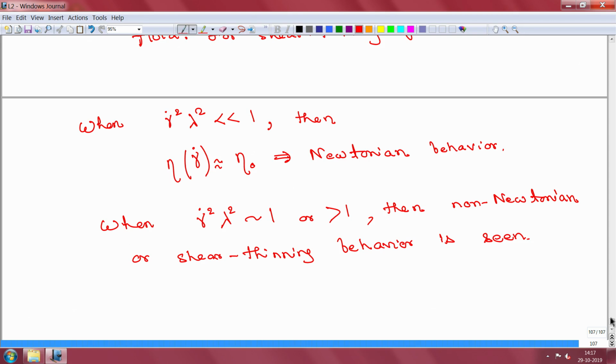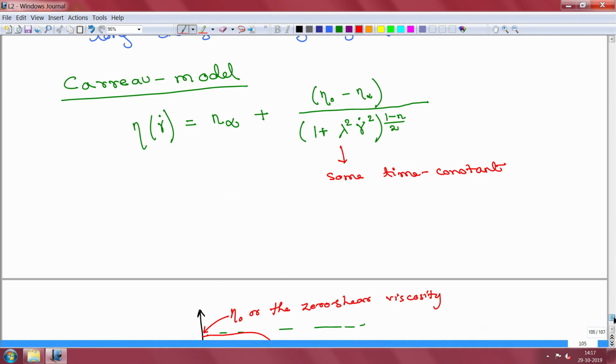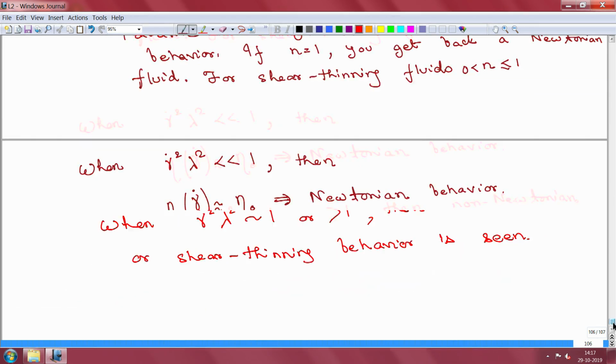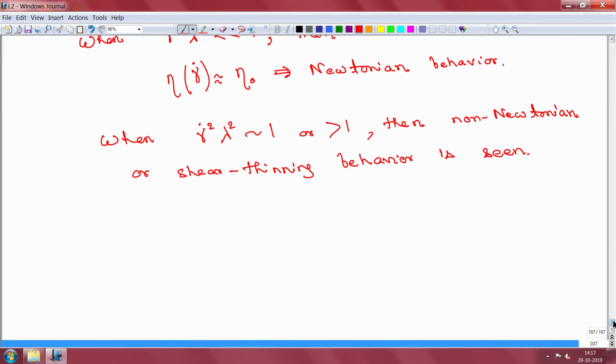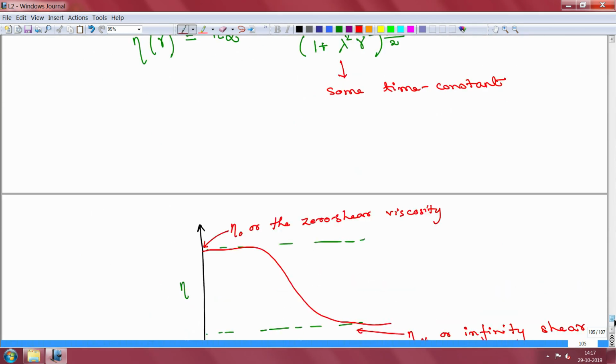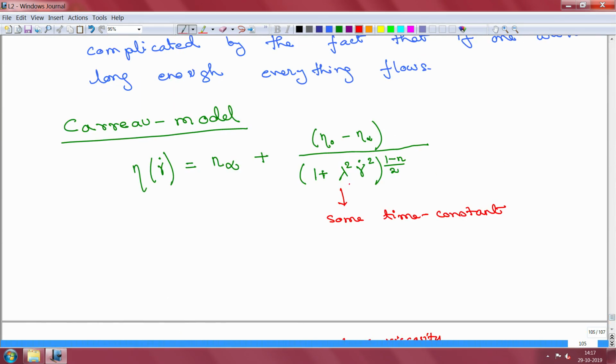And finally, if you go back to this equation, obviously when this term starts to dominate and becomes very large, then this entire denominator starts to go towards infinity, right.